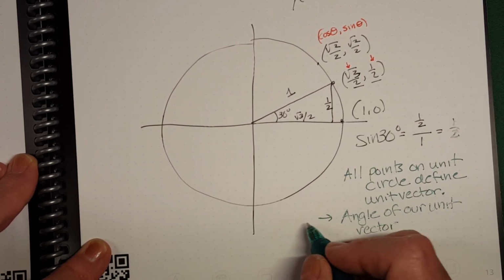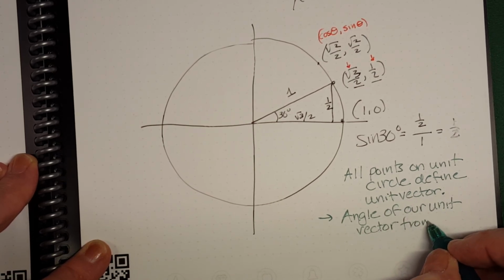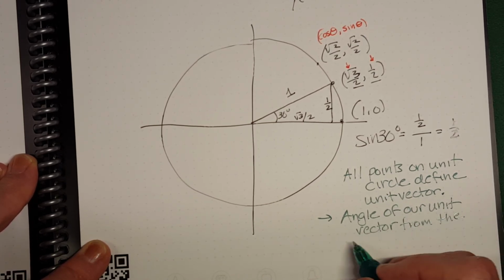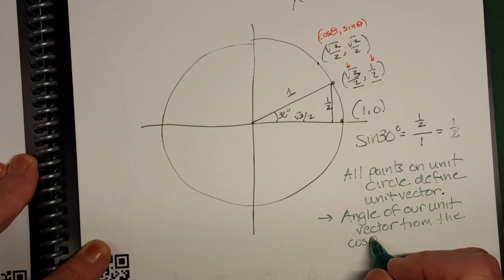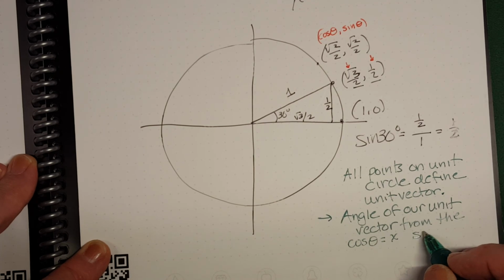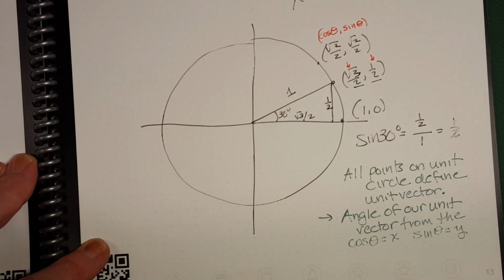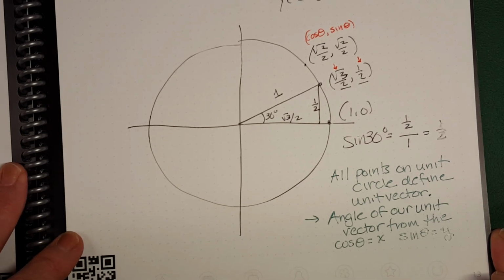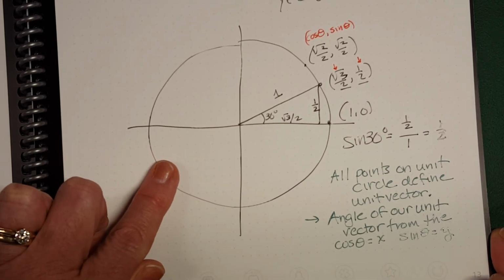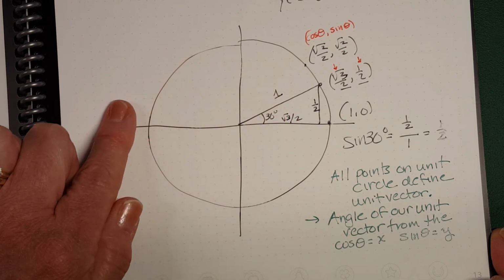So we can find the angle of our unit vector from the fact that the cosine of the angle is going to equal the x component and the sine of the angle is going to equal the y component. And we'll get into that a little bit more, but it's important that you understand that the unit vector has a very important relationship to the unit circle.